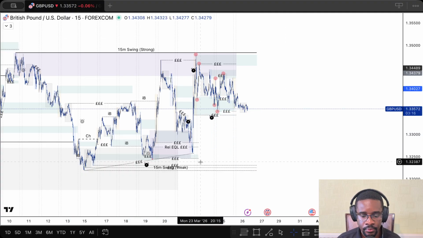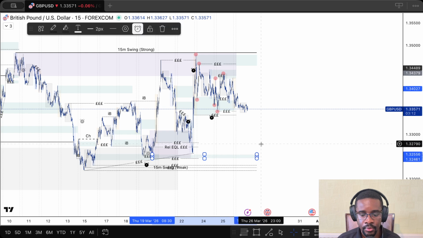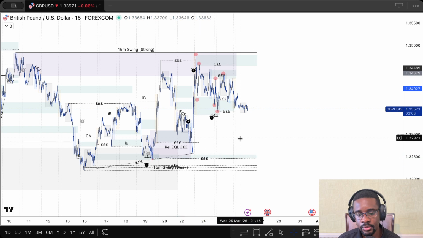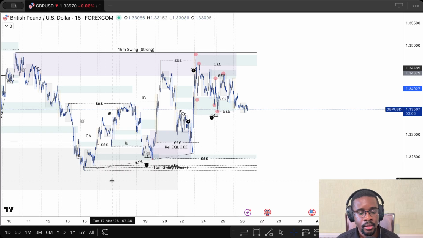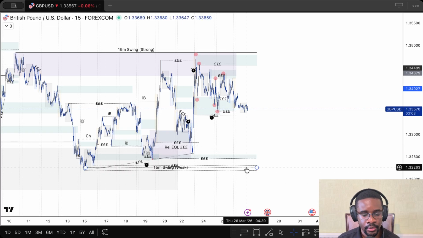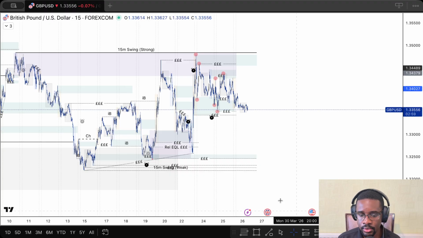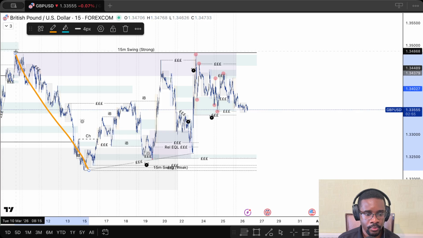All of these are possible areas where price could come into, and we do have the trend line right there. So swing is bearish.